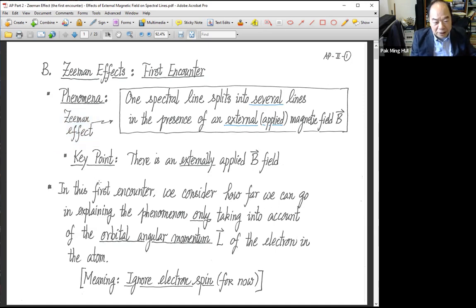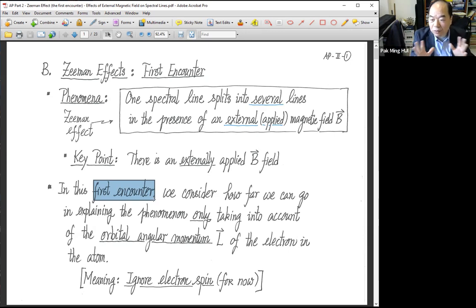So in this first encounter, we will not include any effect of the electron's spin. In an atom, you have electrons running around, right? So hydrogen, you have 1. And electron, you know, last course, it has a spin angular momentum.